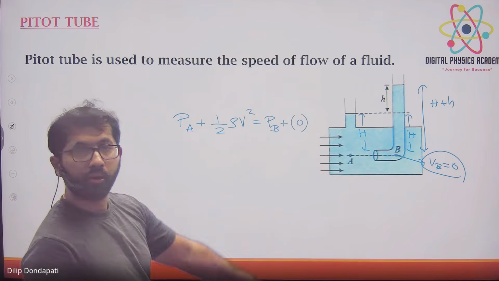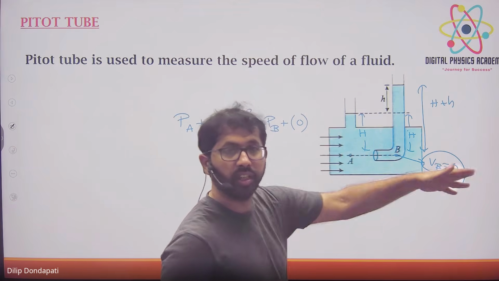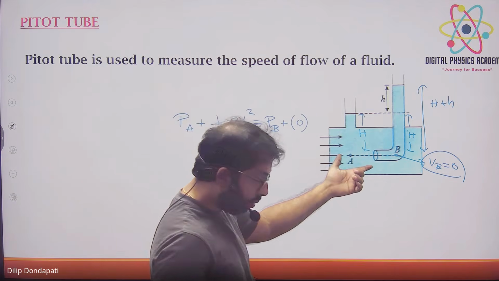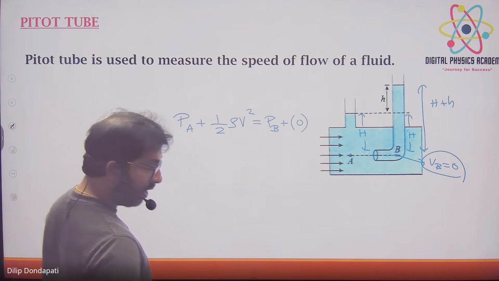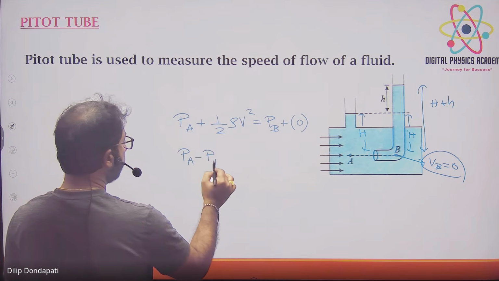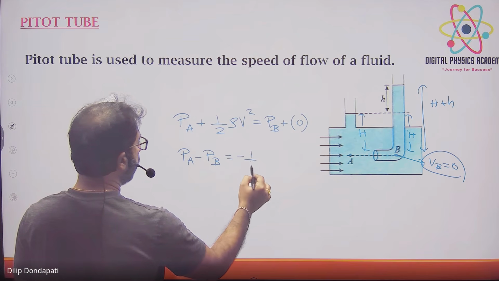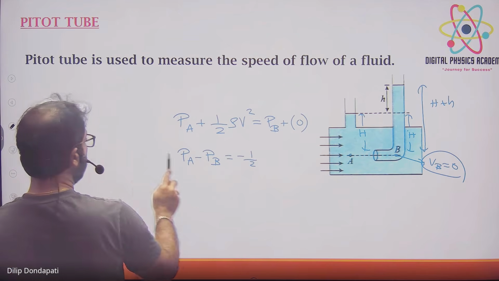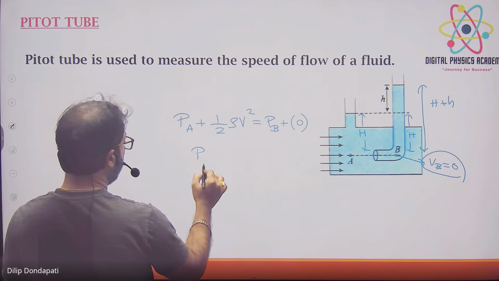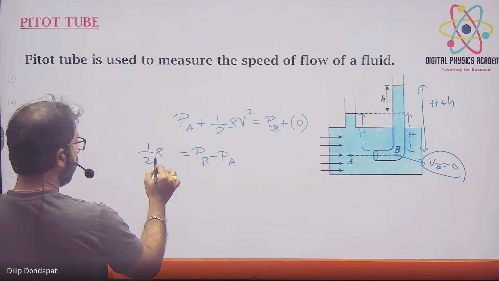Because the tube is at rest, the particle at that point b is always zero. When it touches, the velocity will be zero. At that point in a pitot tube, always take it like this. Now take the difference of pressure and find the velocity v, right. So what will we do, pa minus pb is equal to minus half rho v square, and better I will shift that side, pb minus pa is half rho v square.